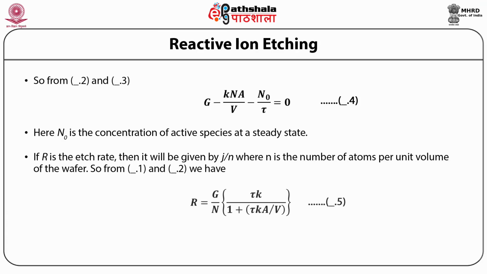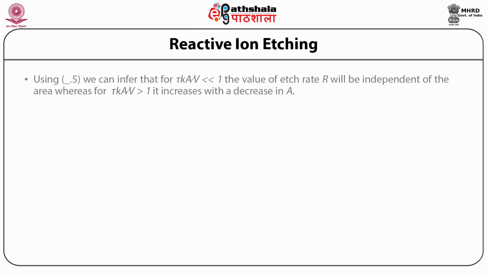So we have R equals G by N into tau K divided by 1 plus tau KA by V. So from here we can infer that for tau KA by V far less than 1, the value of etch rate R will be independent of the area, whereas for tau KA by V greater than 1, it increases with a decrease in A.